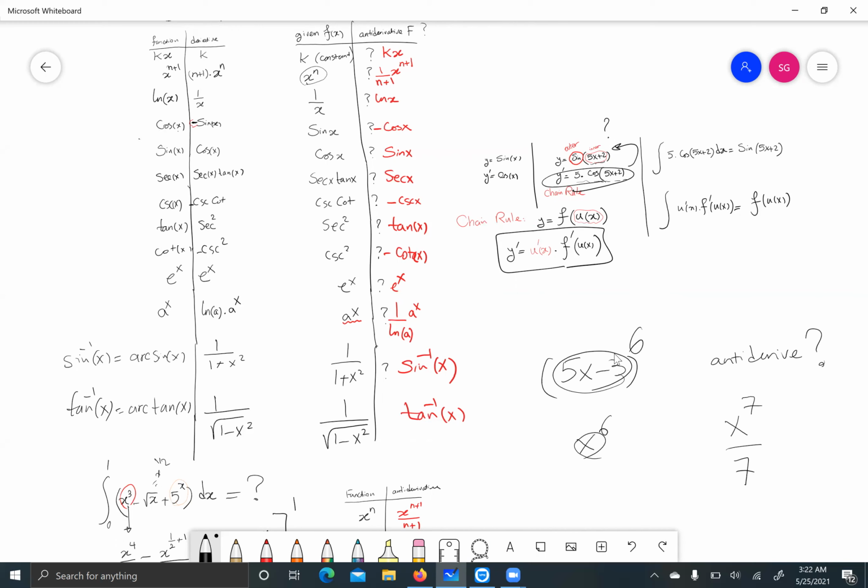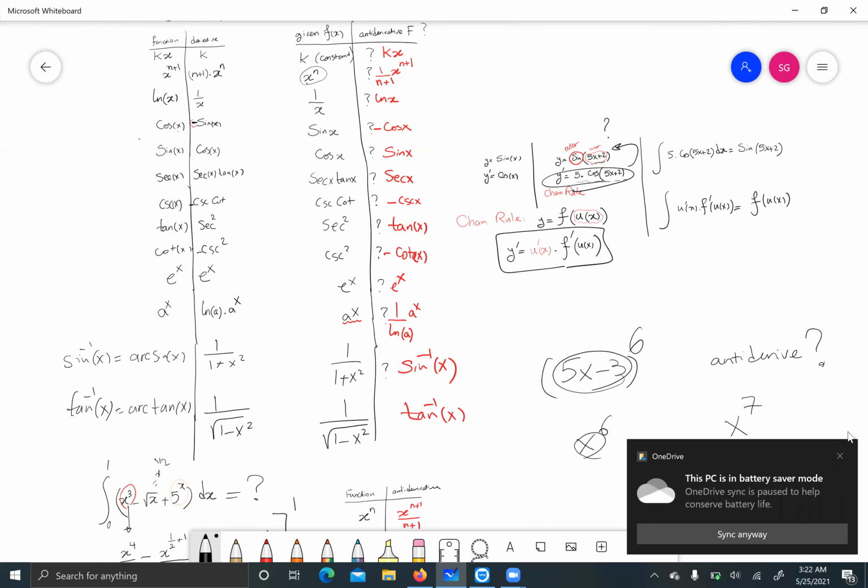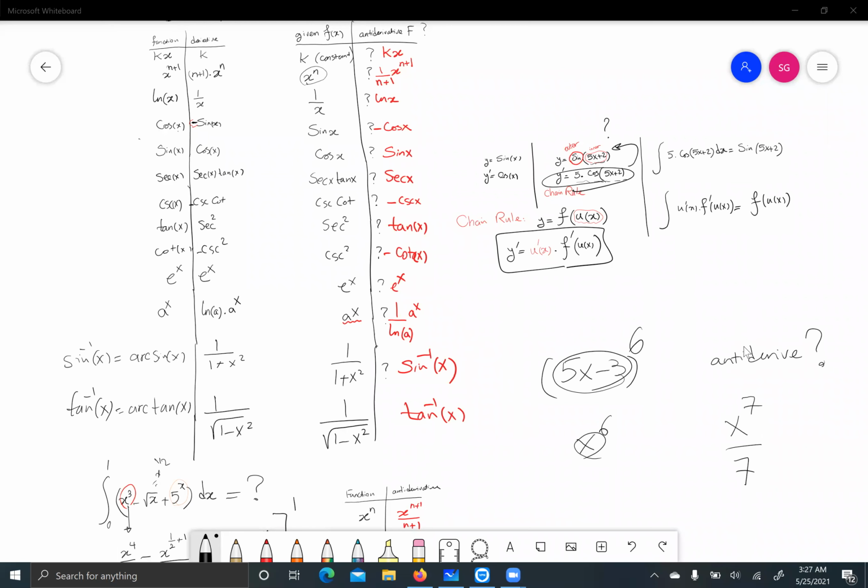That reminds me of, again, composition. It's a composition of a linear function and a power function. So this is the case where we need to reverse the chain rule. What do we do when the integrand is a composition function?